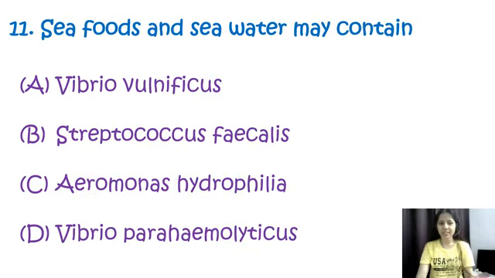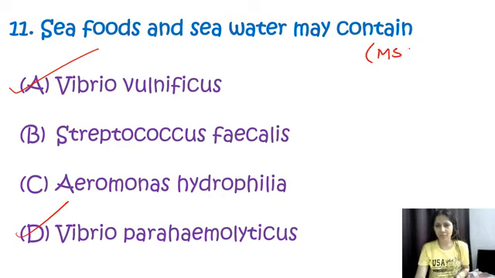Question number 11. Seafoods and seawater may contain. Options are Vibrio vulnificus, Streptococcus faecalis, Aeromonas hydrophila, or Vibrio parahaemolyticus. Seafood and seawater may contain both Vibrio vulnificus as well as Vibrio parahaemolyticus, so it is a multiple select question, an MSQ type question.